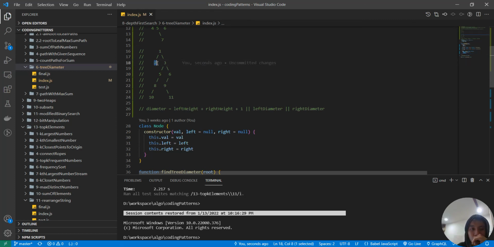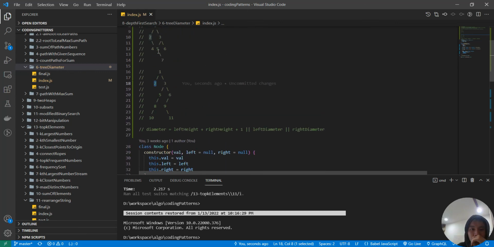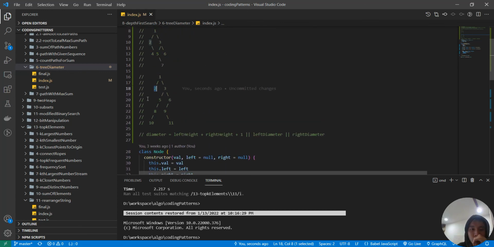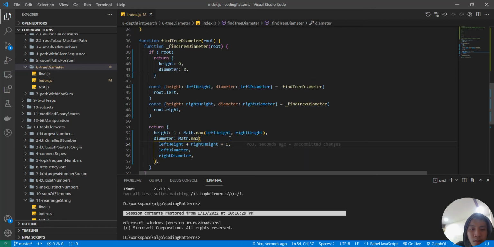So for node 2, when we go down to node 2, the left will be 0, the right 0. So node 2 will be 1 plus left 0, right 0. So the height is 1. The diameter will be 0, 0, and here is 1.